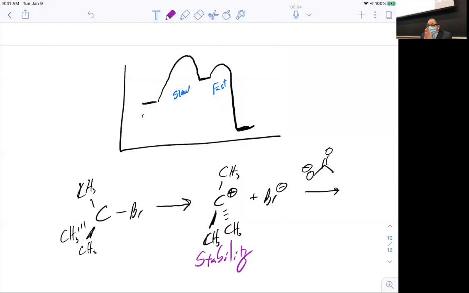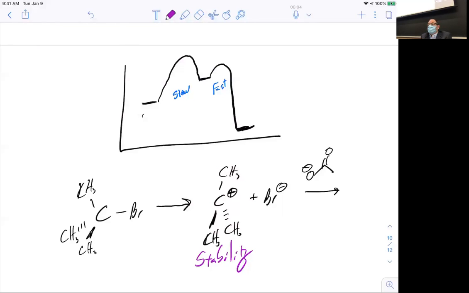If that carbocation cannot be formed, then we're not going to see this reaction going forward in a timely fashion, right? And so what we've done between the one step and the two step is we've changed the fundamental driving force.